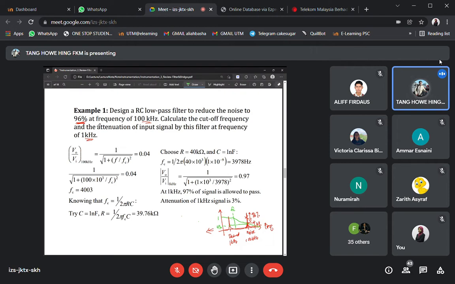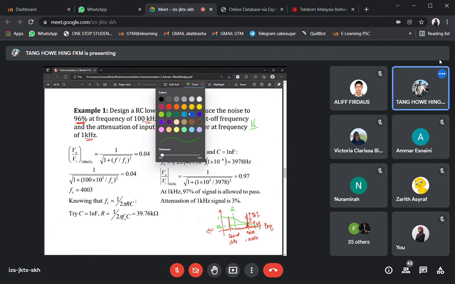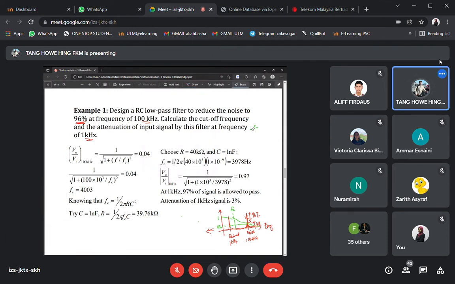Knowing these design criteria, we want to suppress the high frequency noise from 96% to 4%. So that means the transfer function, I think I'll just use a blue color, VR over VI, means that only 4% is allowed to pass through.